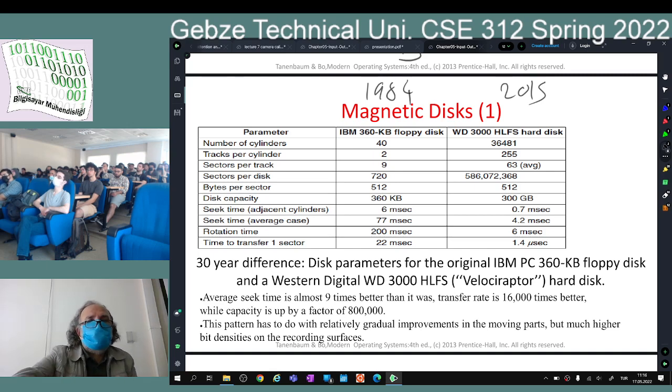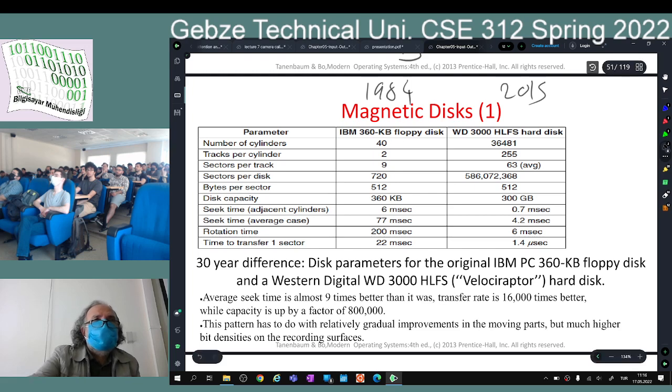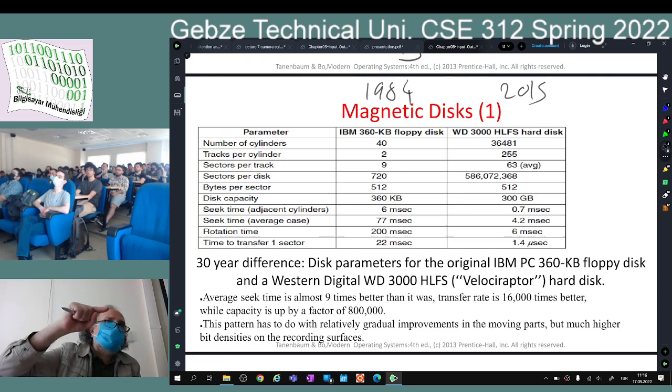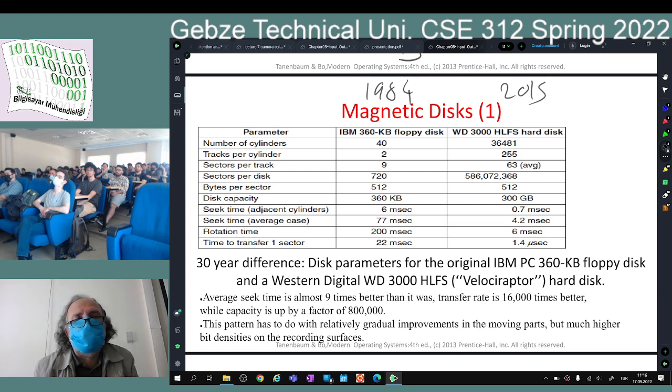It's very simple. It has just one platter. The number of cylinders is just 40. Since you have one platter, there is only the upside and the bottom side of the platter. So there are just 2 tracks per cylinder, and for each track I have 9 sectors.